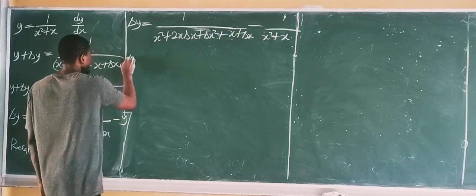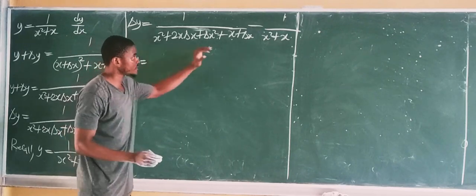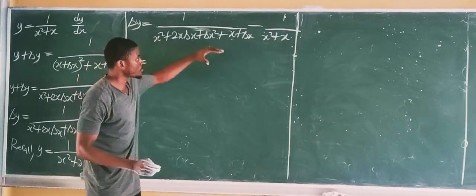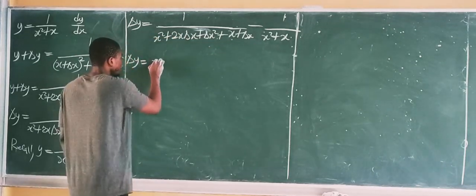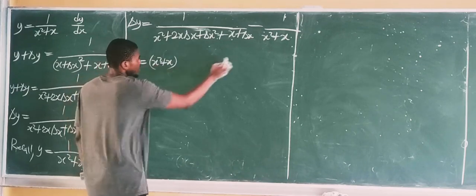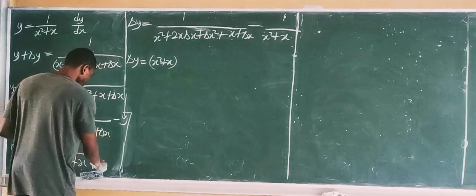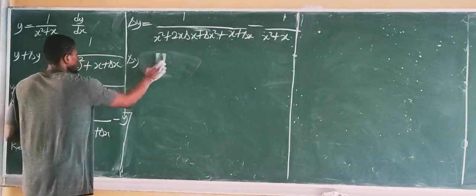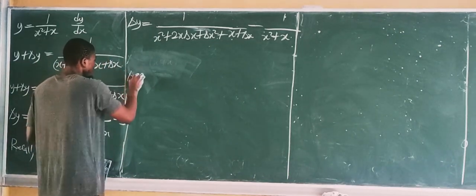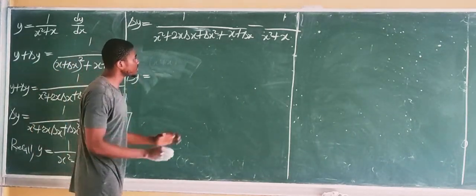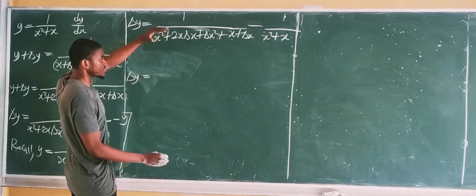So I have change in y is now equal to, first thing first, I said take the LCM. LCM simply means the multiple of their denominators. So I'll simply have x squared plus x, the whole of this multiplied by the whole of this, is the LCM.